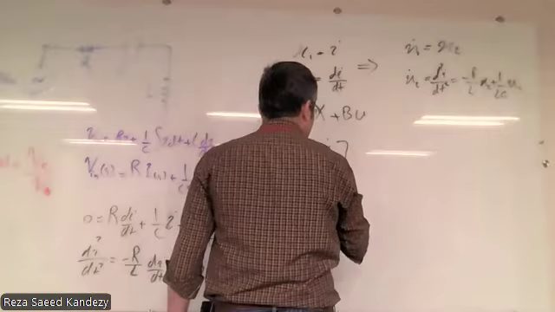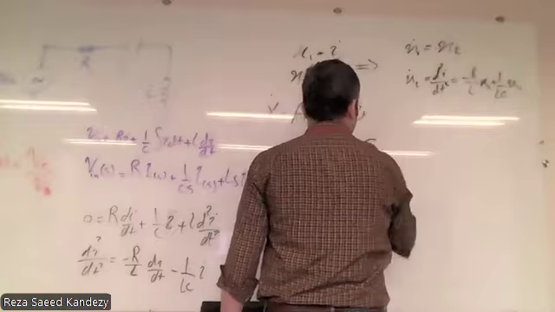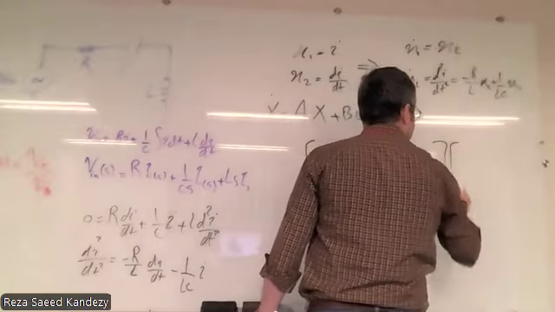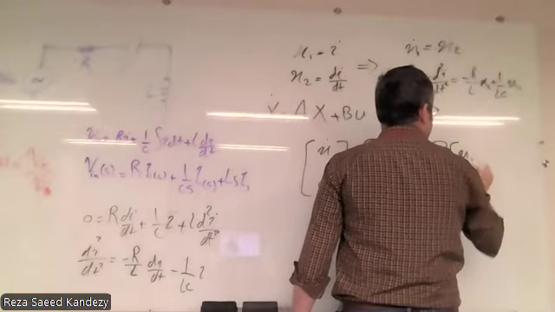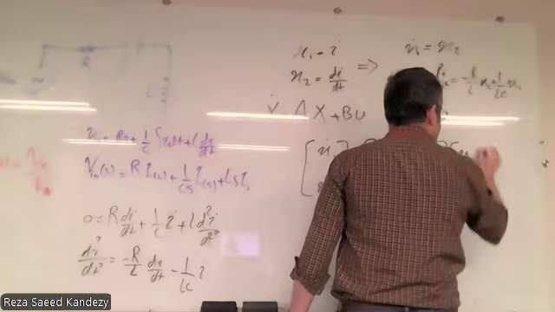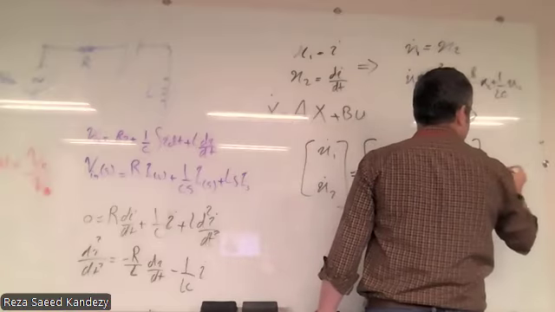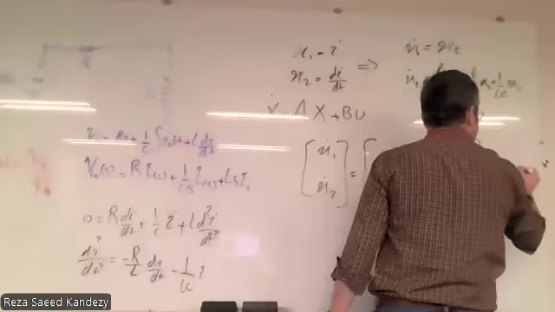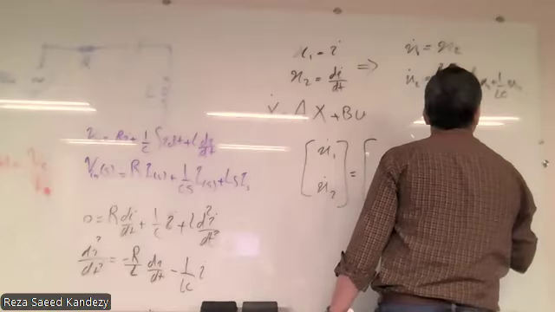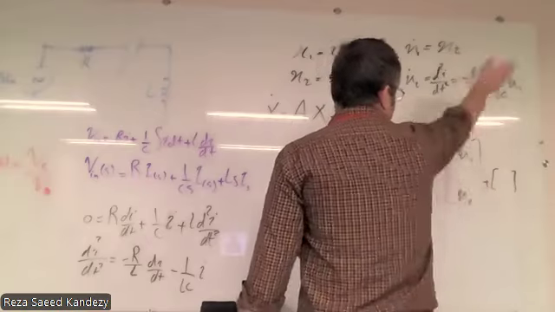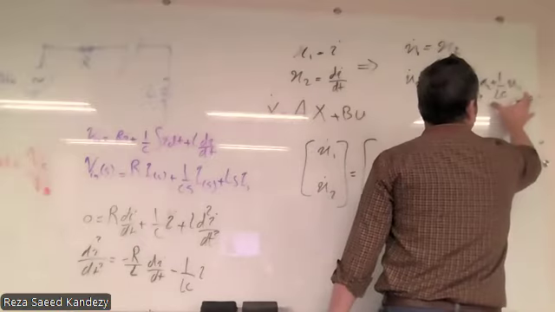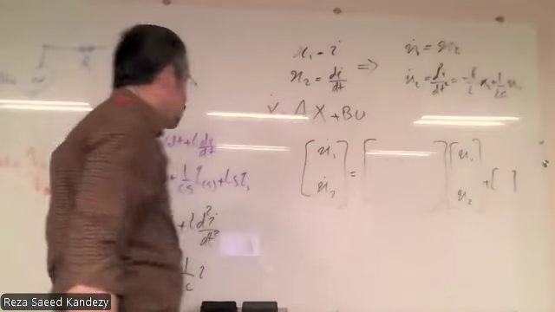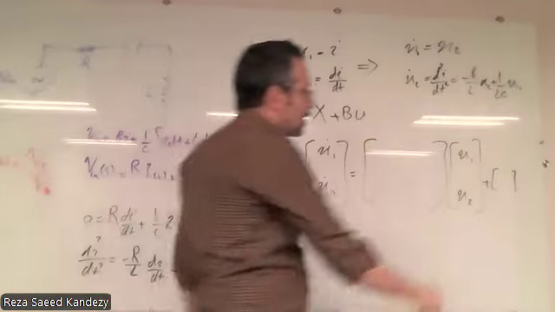x1 dot, x2 dot is equal to that A matrix times x1, x2 plus, this is going to be a 1 by 1 matrix. And we are going to see what's going to happen. Now, here, as you can see, we don't have any input. So this is going to be 0.